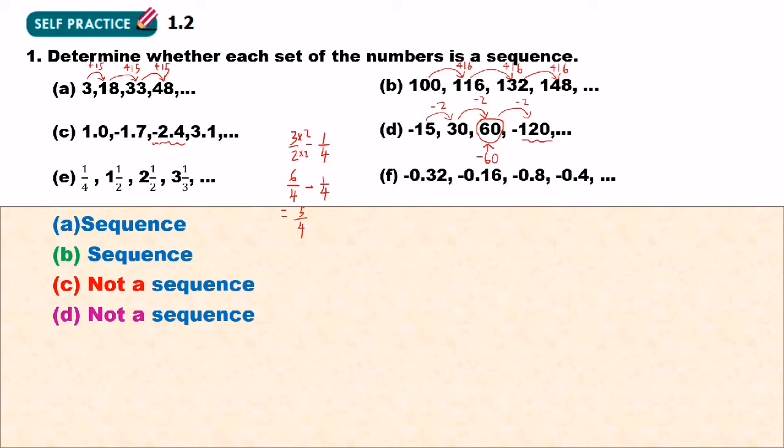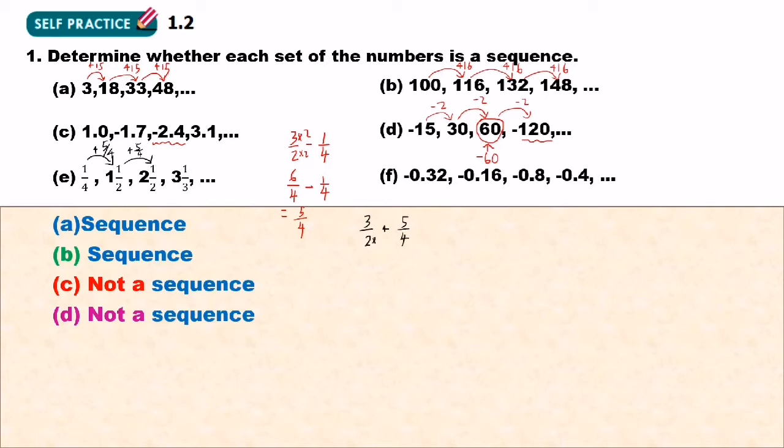Okay, so 1 over 4 plus 5 over 4 equals 1 1 over 2. 1 1 over 2 plus 5 over 4. So here 1 1 over 2 is 3 over 2 plus 5 over 4.